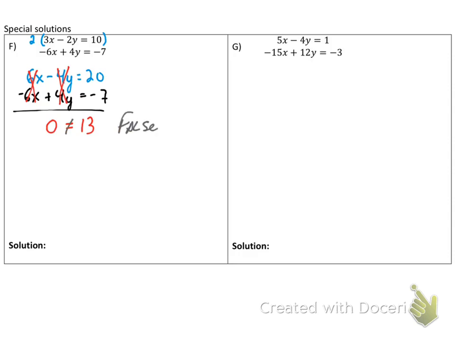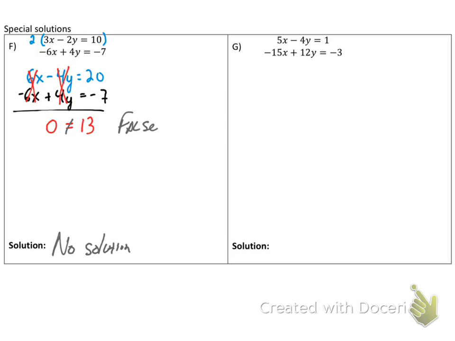That's a false statement. And so remember, if you ever are solving an equation and your variables go away, giving you a false statement, that solution is no solution. Which means, remember, that you have parallel lines here. There is no intersection point for these two lines.